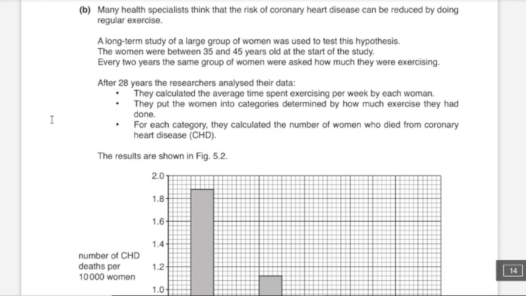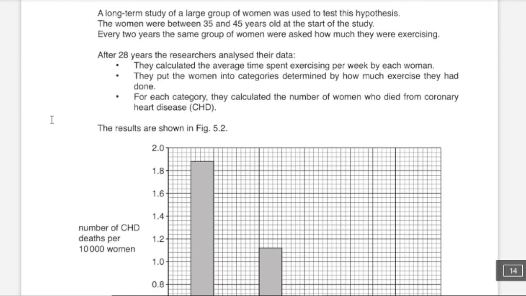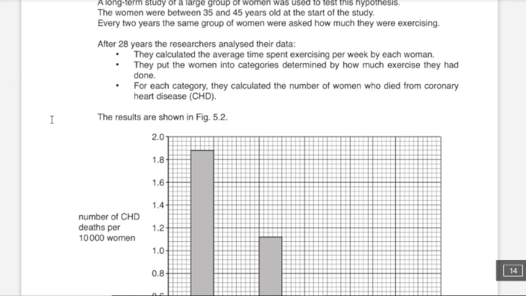Many health specialists think that the risk of coronary heart disease can be reduced by doing regular exercise. A long-term study of a large group of women was used to test this hypothesis. The women were between 35 and 45 years old at the start of the study. Every 2 years, the same group of women were asked how much they were exercising.